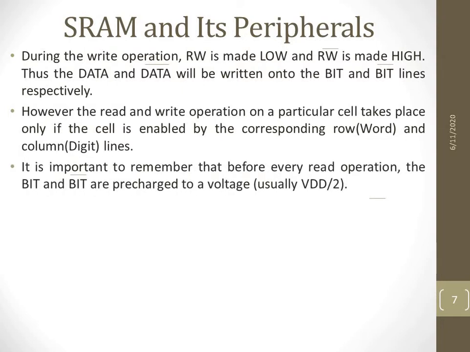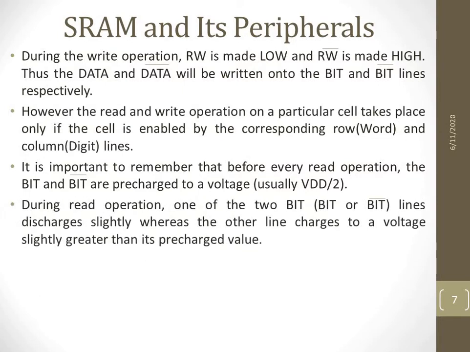It is important to remember that before every read operation, the bit and bit bar are pre-charged to a voltage which is usually VDD by 2. That means both are made normally high. During read operation, one of the 2 bit lines discharges slightly, whereas the other line charges to a voltage slightly greater than its precharge value.